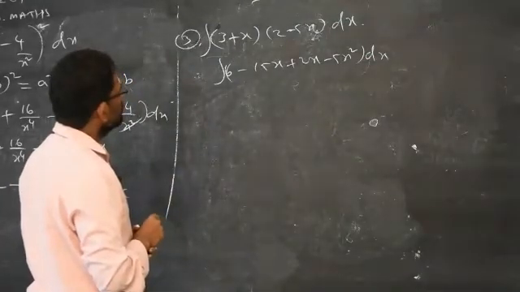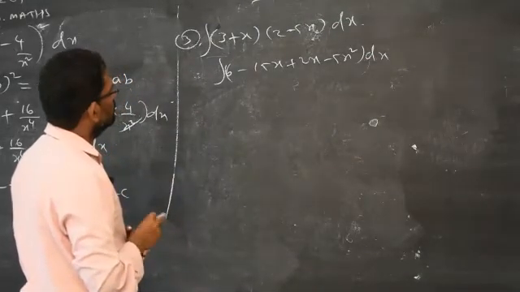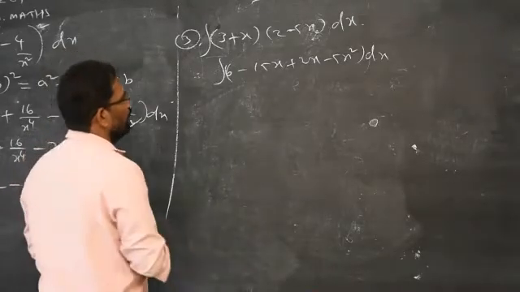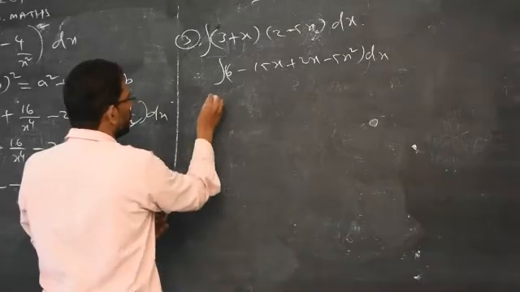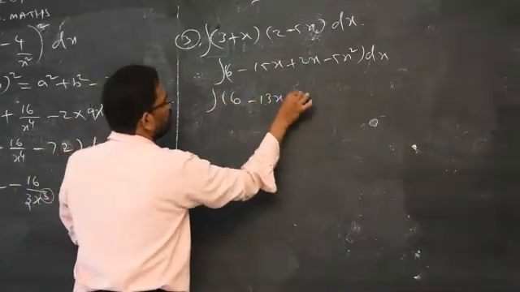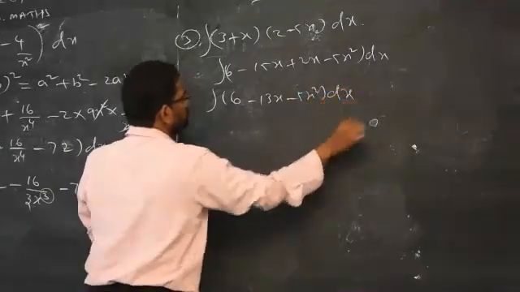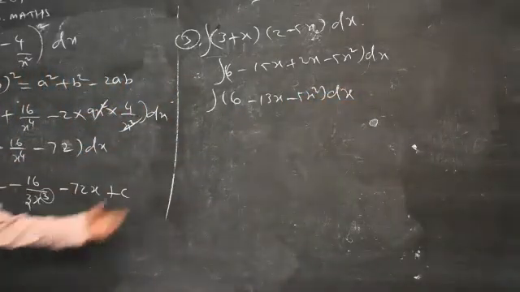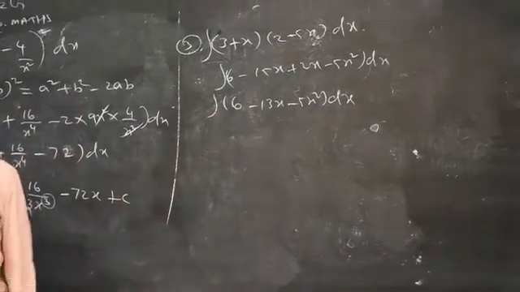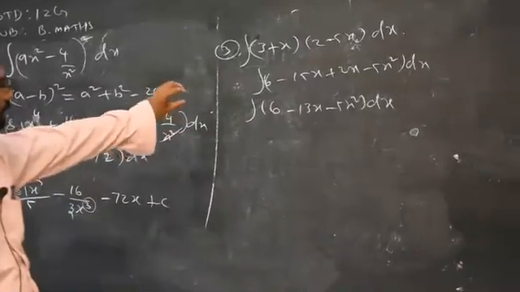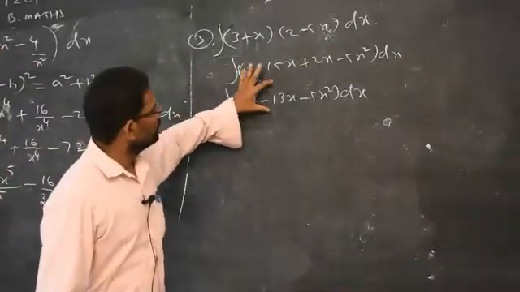So 3 twos are 6, minus 15x, plus 2x, minus 5x square. Now just simplify. So now you see, I brought the factors into terms.